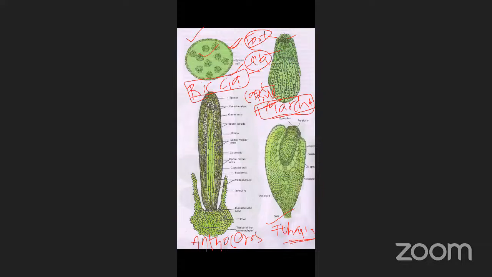Just observe. So after Marchantia, what extra cells do you observe in Anthoceros? What are the extra sterile cells in Anthoceros? We already discussed it. Tell me, speak out. Spore mother cells? Spore mother cell is common in each and every type study. In Riccia, spore mother cell is present. In Marchantia, spore mother cell. Without spore mother cells, how can spores be produced? So that is not an extra point.